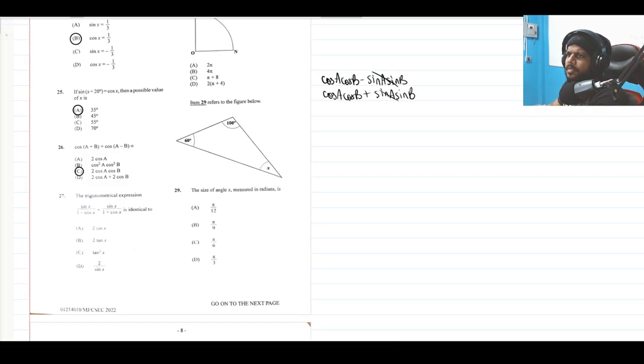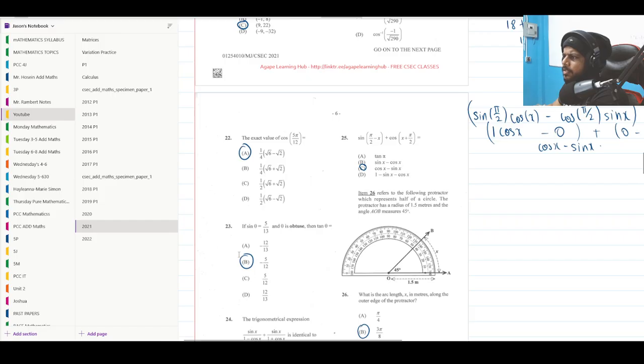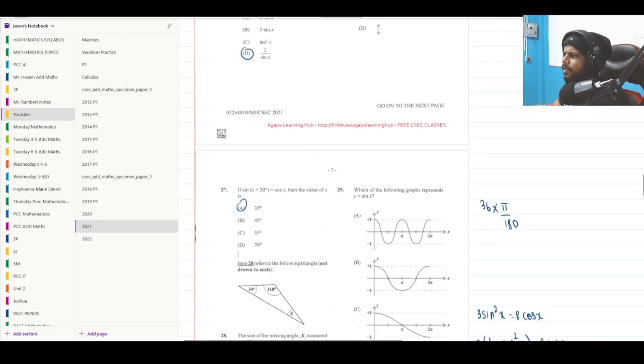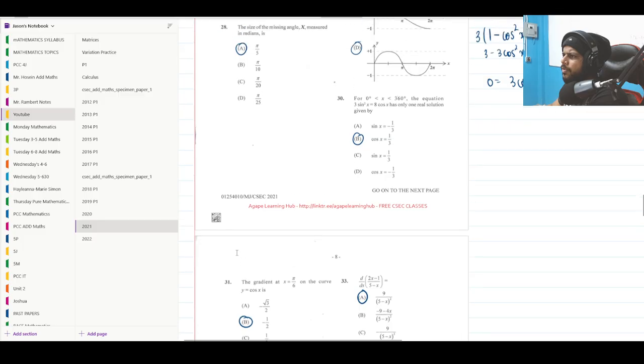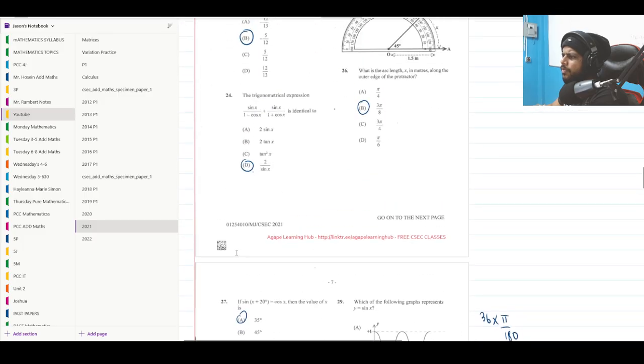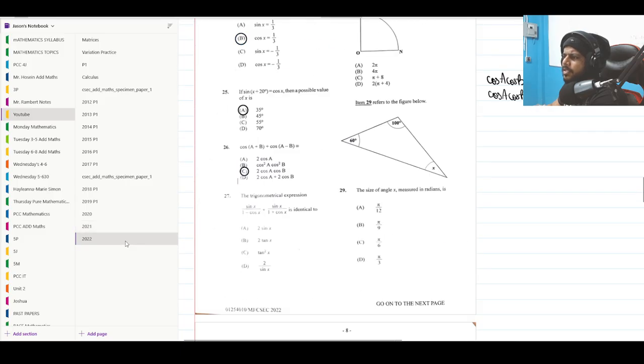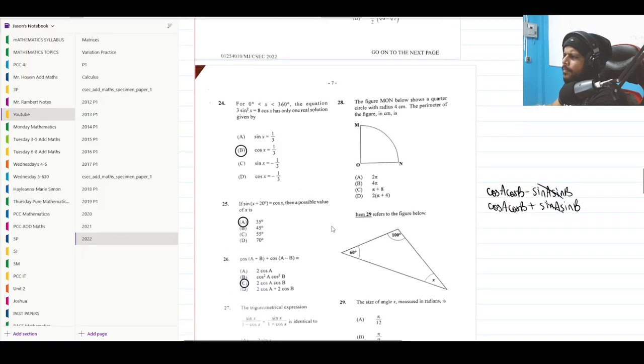Sine x over 1 minus cos x plus sine x over 1 plus cos x. 2 over sine x. 2 into 4 plus pi. Just make sure the radius was 4.